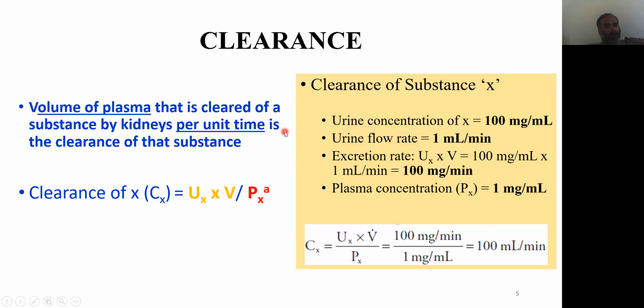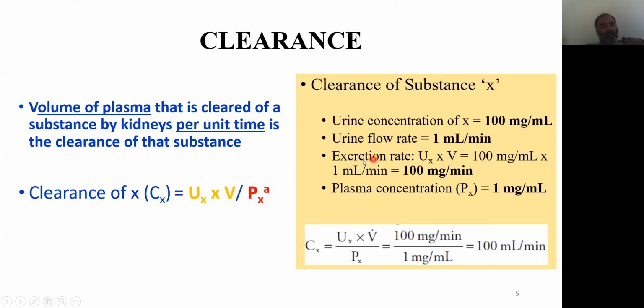Okay, so let's take an example. Let's say this substance X has a urine concentration of 100 milligram per ml. Urine flow, as I said, is 1 ml per minute.